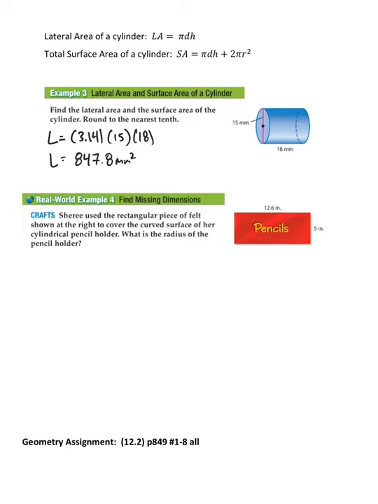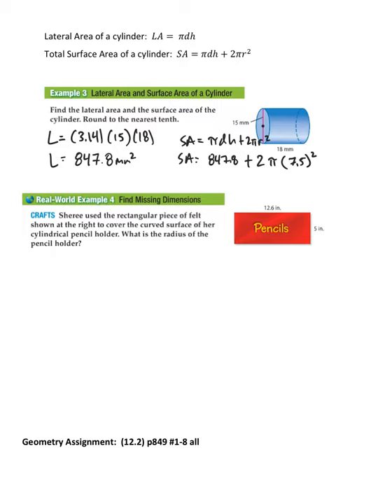All right, so for surface area, remember it's just pi dh plus 2 pi r squared. We know what pi dh is. We just found the lateral area, so let's plug in 847.8 plus 2 pi. Guys, the radius is half the diameter. The diameter is 15, so the radius would be 7.5 squared.